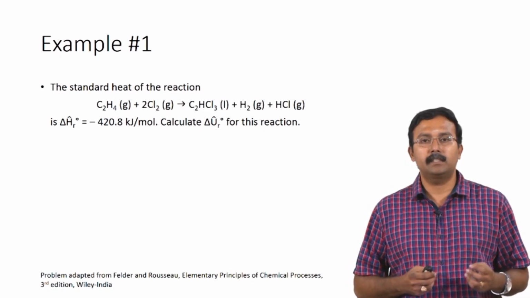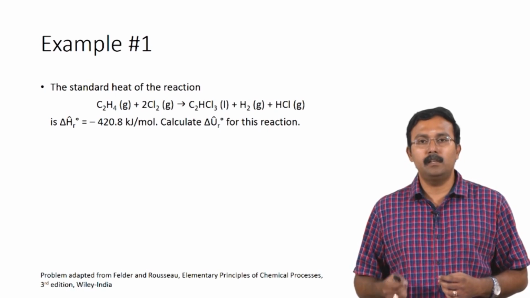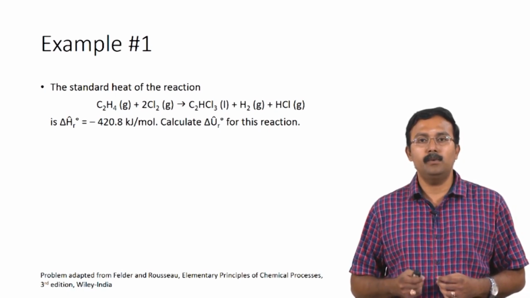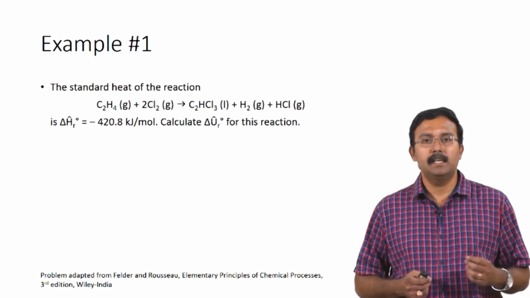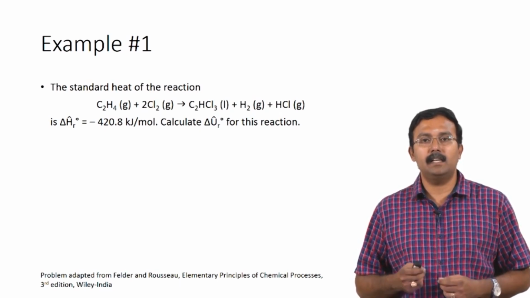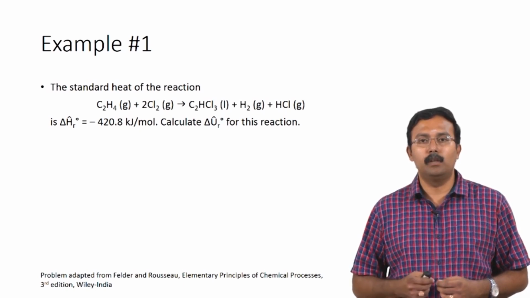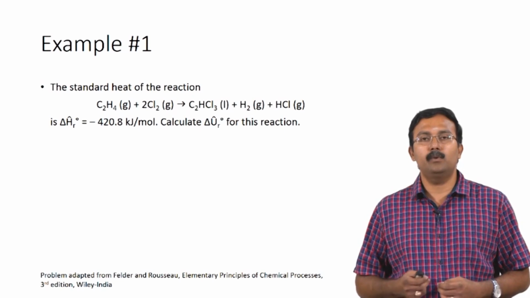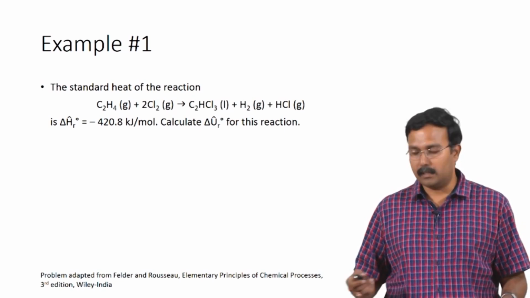The standard heat of reaction for C2H4 gas reacting with 2Cl2 gas forming C2HCl3 plus H2 gas plus HCl gas is given as delta Hr equals minus 420.8 kilojoules per mole. You are asked to calculate the delta Ur cap for this reaction. How would we go about doing this calculation?